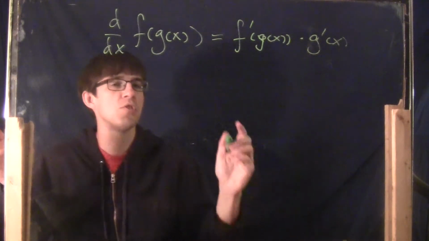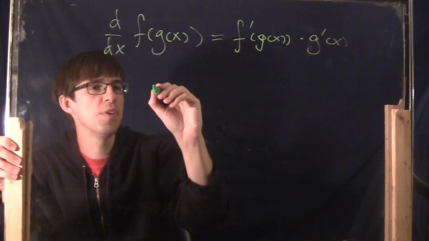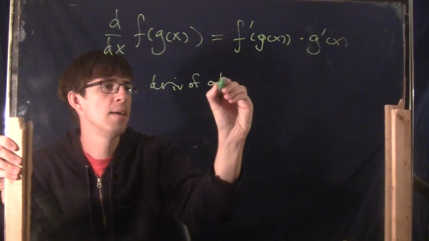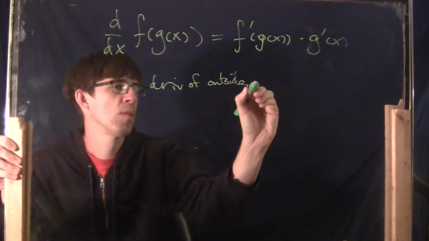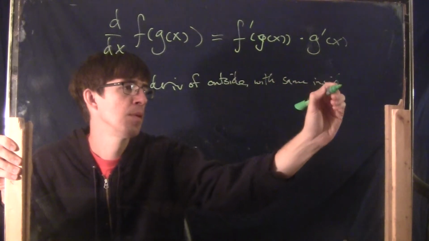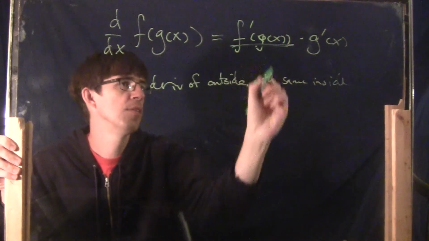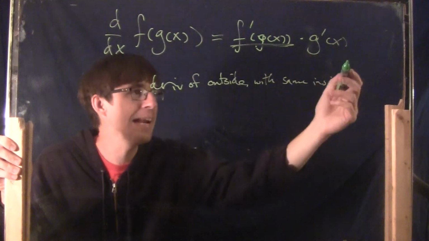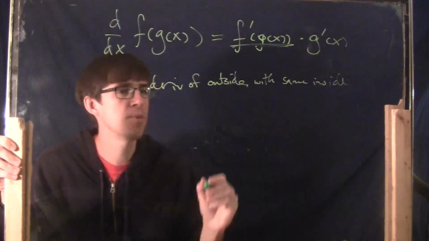In words, how I would describe this is, you do the derivative of the outside with the same inside. That's this part, right? The derivative of the outside with the same thing on the inside. And then times g prime of x.